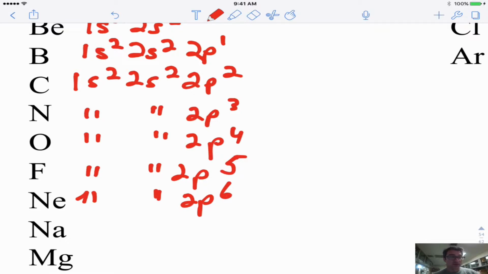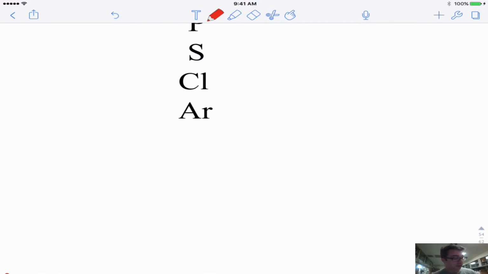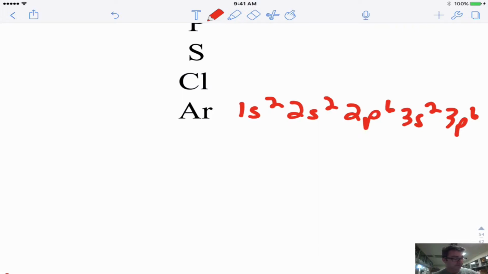Once we get to sodium, then we'll have all of the previous, and now we'll go to 3s1. So now you could go through and fill out the rest of these. You should end over here with argon, argon being 1s2, 2s2, 2p6, 3s2, 3p6.